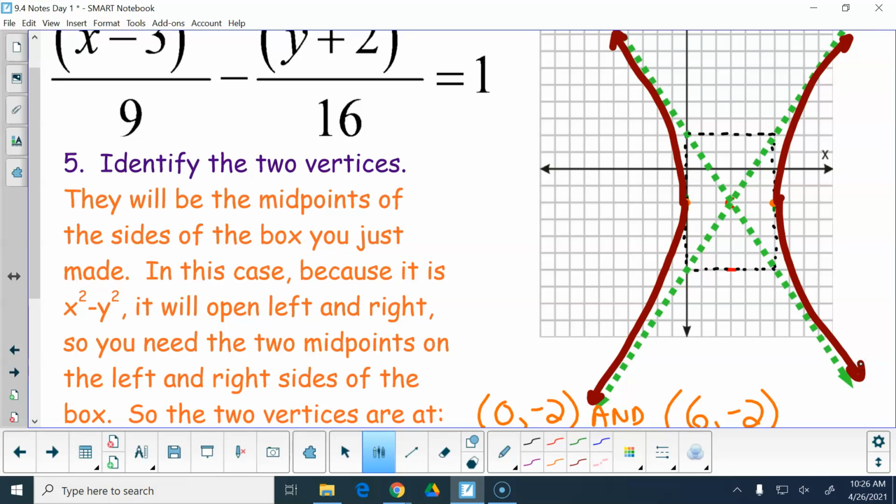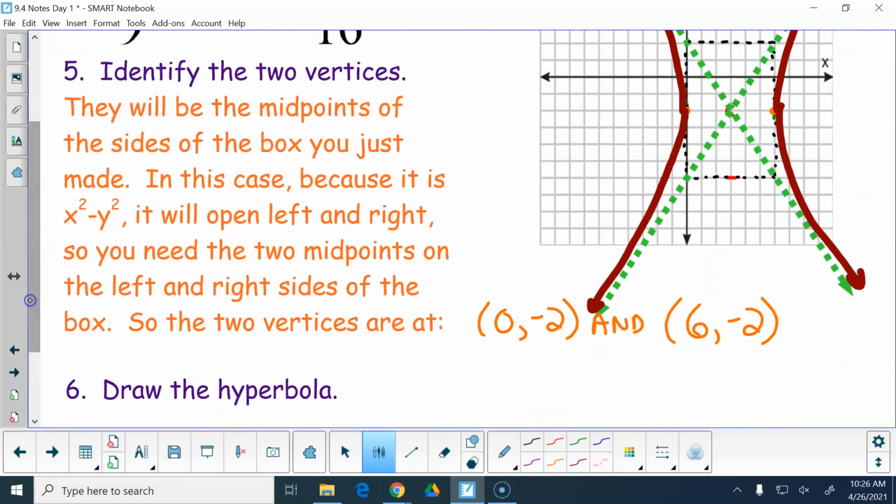So it's an easy draw for you. If you think back to when we were doing rational functions before winter break, it's very much the same. It's going to end up along the slant asymptotes, which is why it helps to draw your slant asymptotes all the way across your graph. And that was step number 6. Draw the hyperbola.